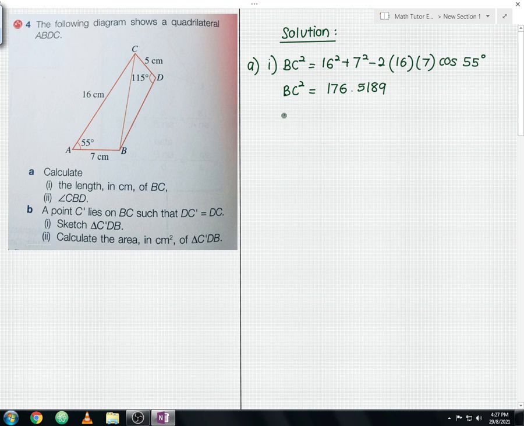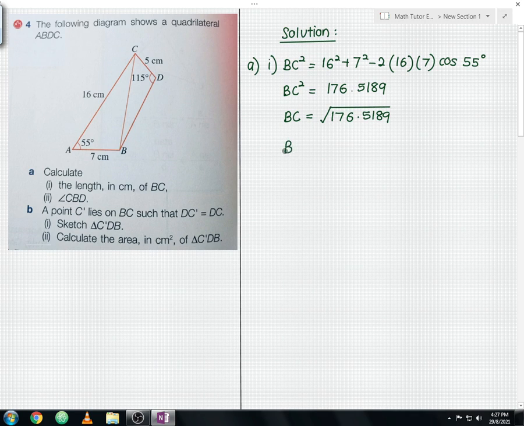So in order to find BC, you need to square root this value. So let us square root 176.5189. Let me underline the square root line. So you calculate this.